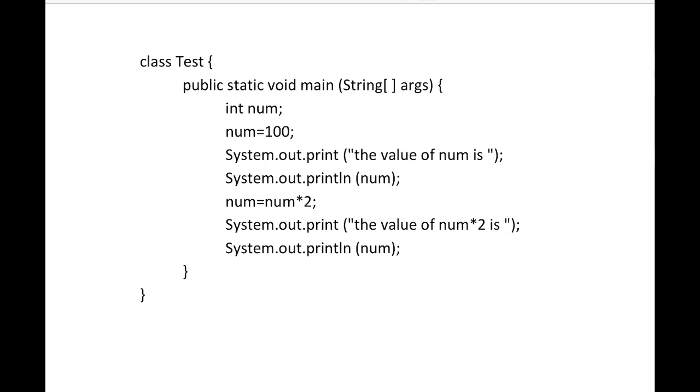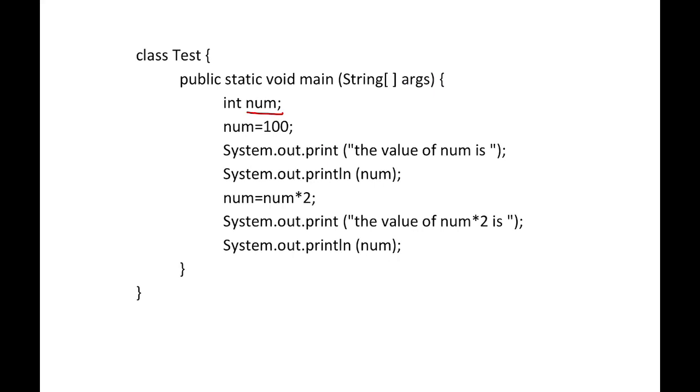The variable names such as num in this example actually correspond to locations in the computer's memory. Now every variable has a name, a type, and size, and a value. So I am writing that one.